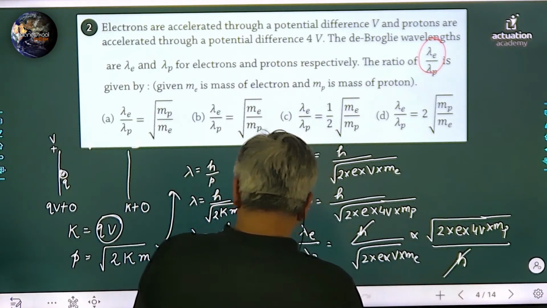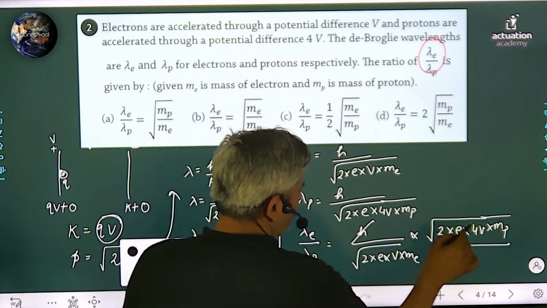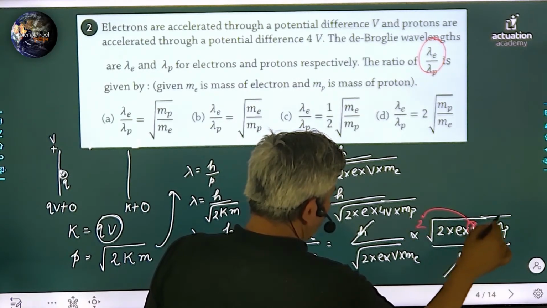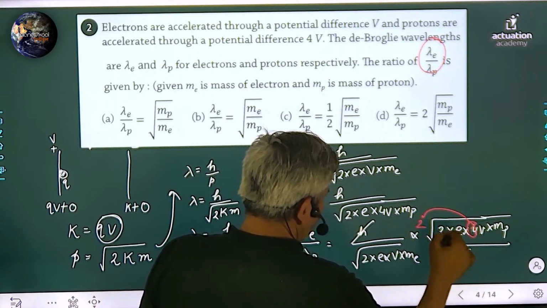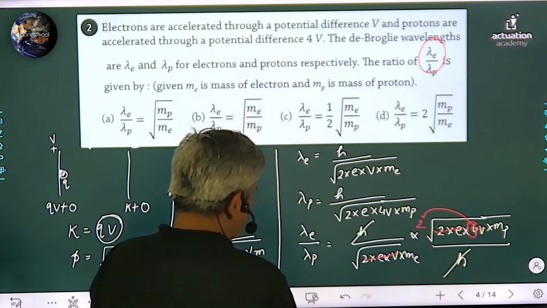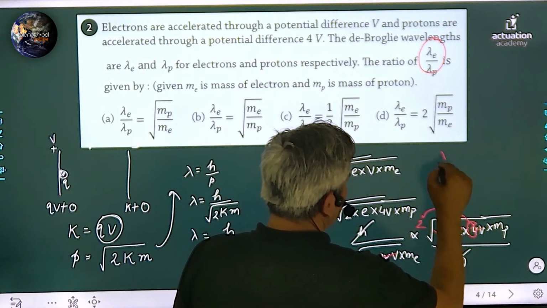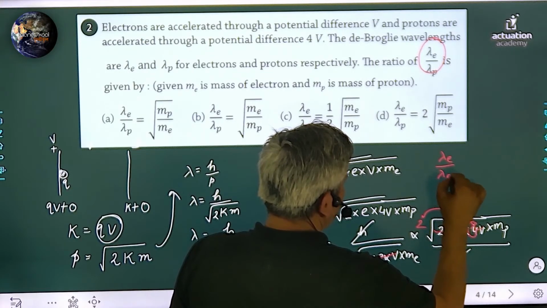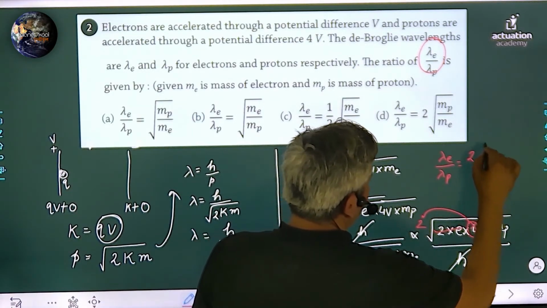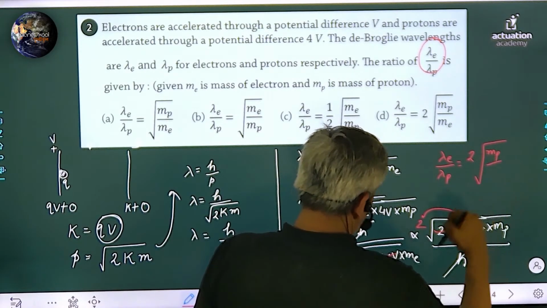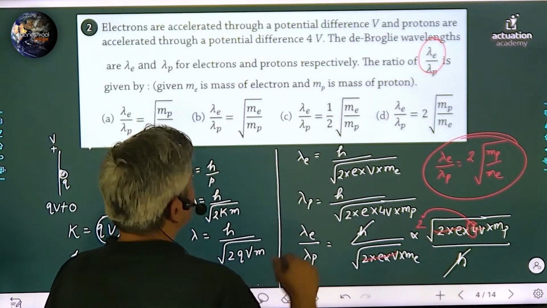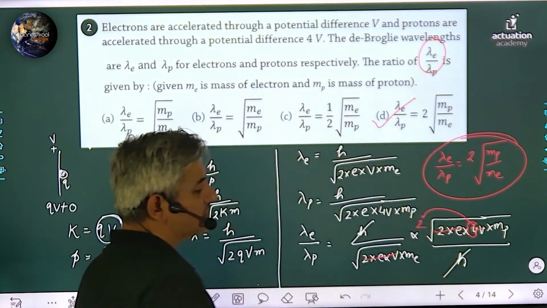Simply we can take this 4 out, that will make it 2, and the rest of this will cancel out. So simply lambda e over lambda p can be written as 2 times mass of proton over mass of electron, which is option number D in these given options.